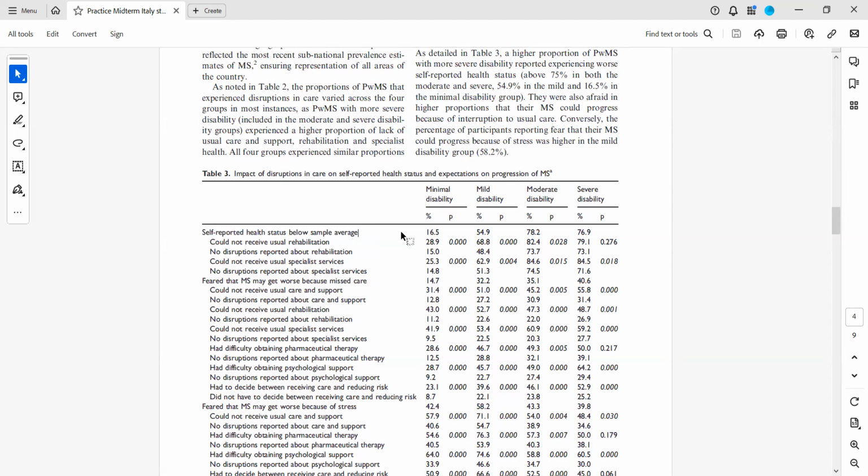Well, if you do a factor 1 and factor 2, what leads to what? That's right. Disability status leads to health status. So therefore, disability status is the independent and health status is the dependent, right?